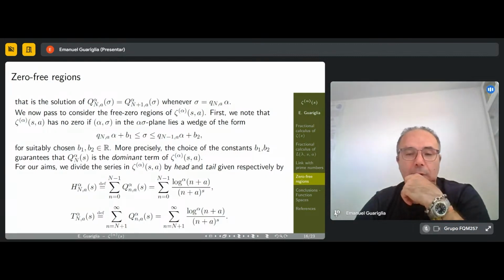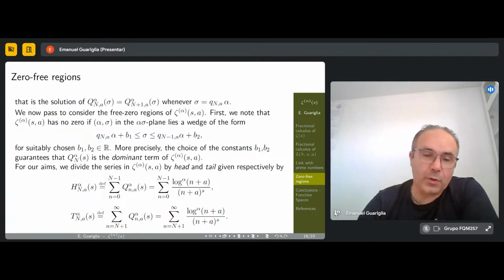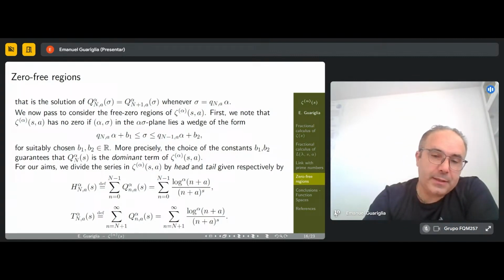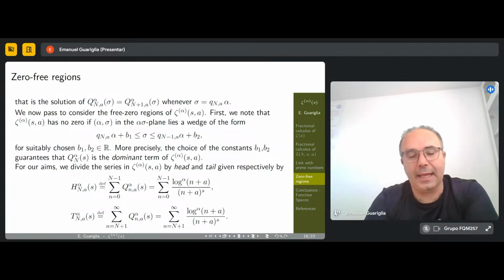Okay, so now we arrive at the main point. We split our term in head and tail. Okay, that's quite easy. Why do we split it this way? Because the term small n equal to capital N is our dominant term.